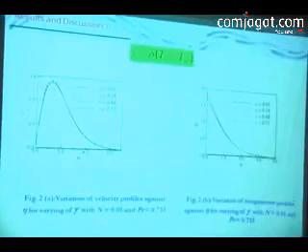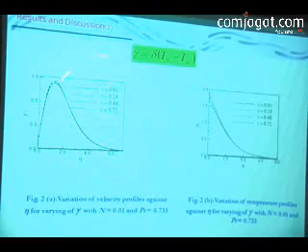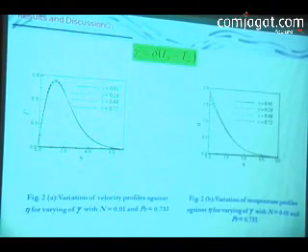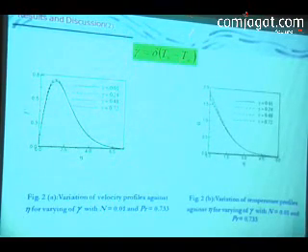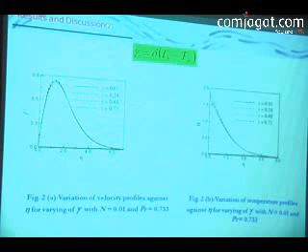Results and discussion. This figure shows the velocity for the thermal conductivity variation, and the temperature for the thermal conductivity variation. Here, gamma equals delta (T_b minus T infinity).